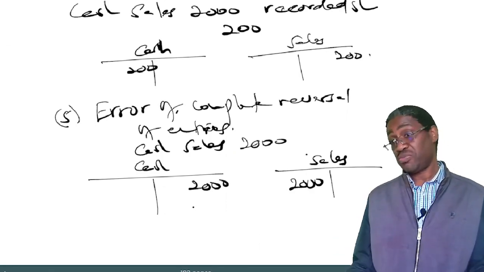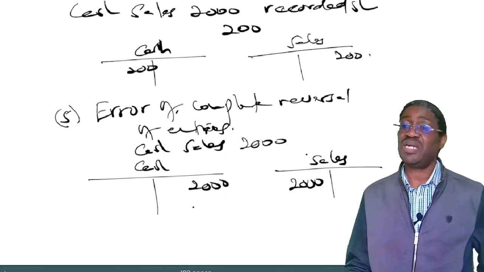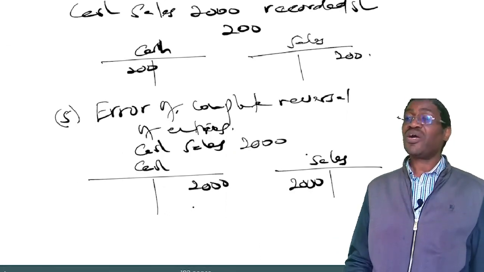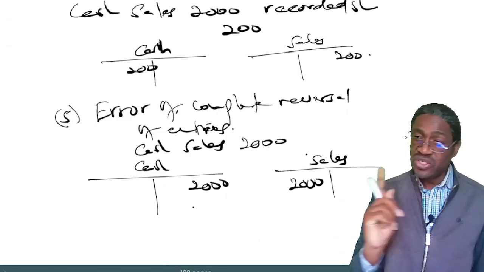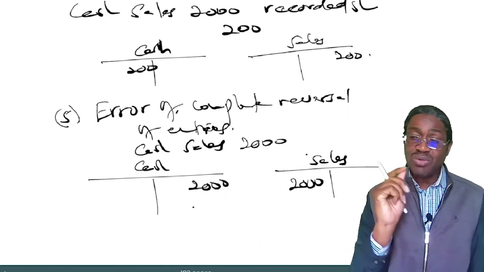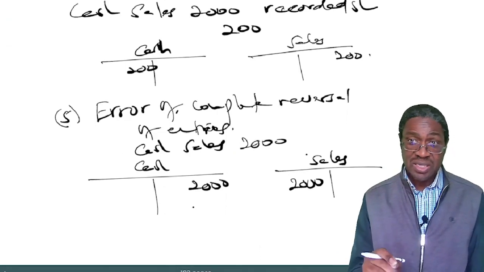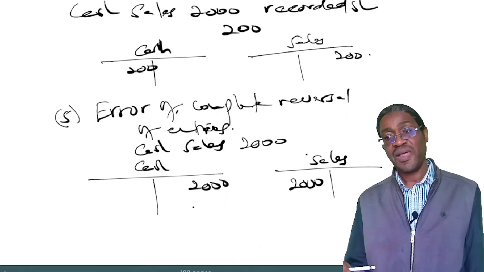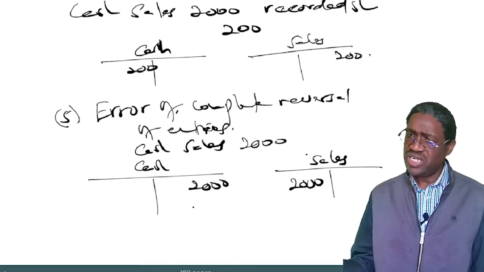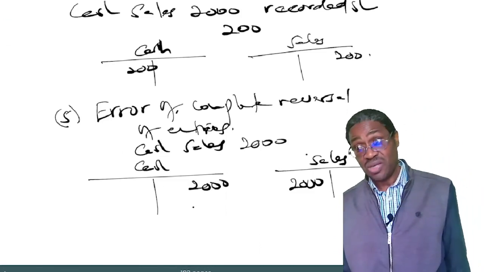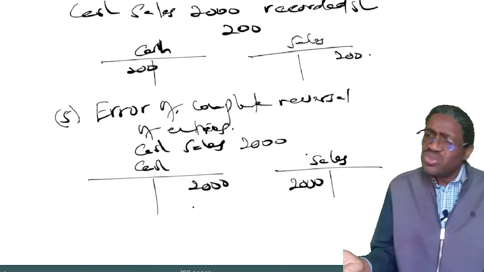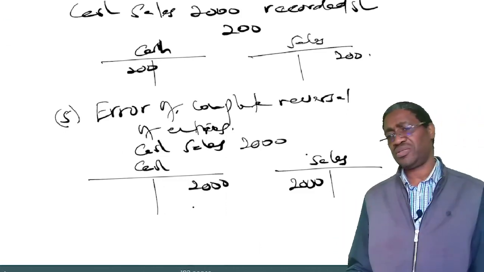Will the trial balance balance? Yes, it will still balance. You have recorded the transaction by reversing the entries. An account that should have been debited was credited, and sales, which was supposed to be credited, you debited. That's still an error you have committed, but the trial balance will still balance because you have followed the double entry.